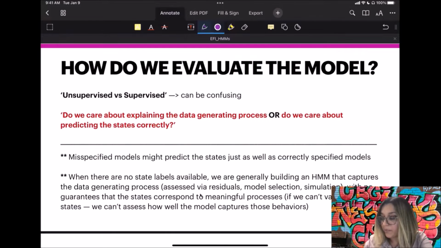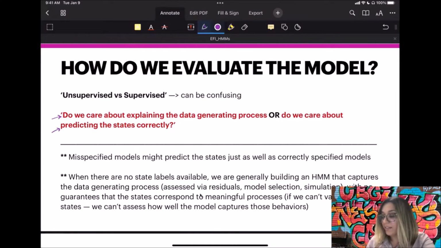But really the big thing with HMMs is, do we care about explaining the data generating process, or do we care about predicting the states correctly? Those are actually two related but fundamentally different objectives.